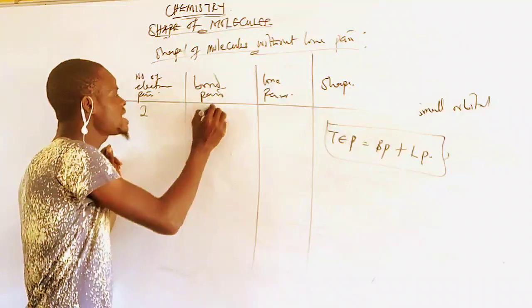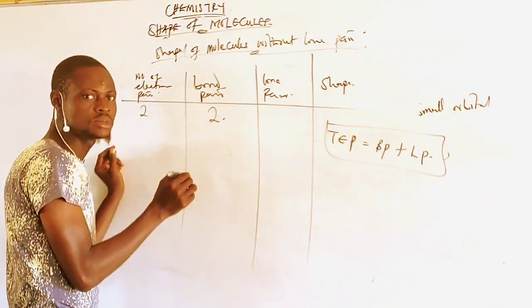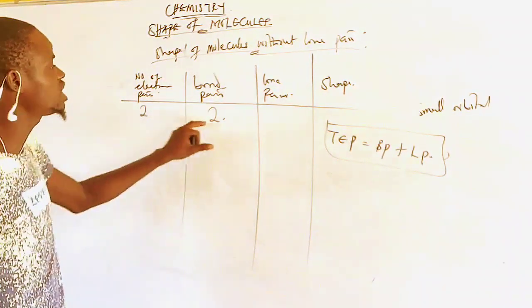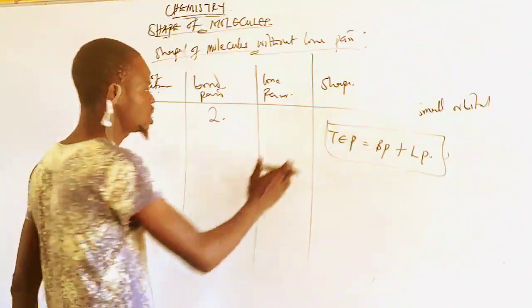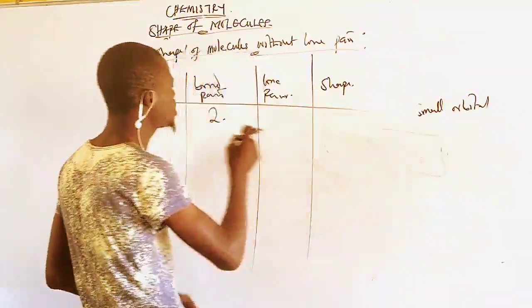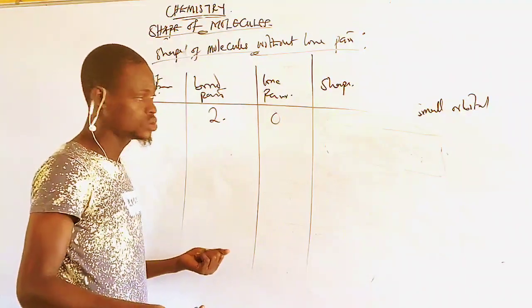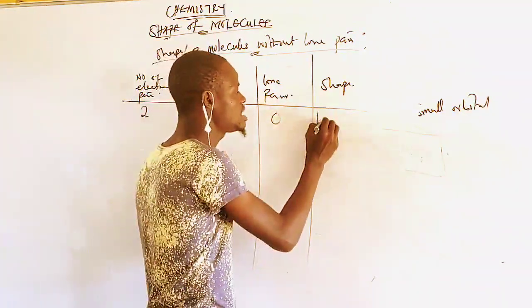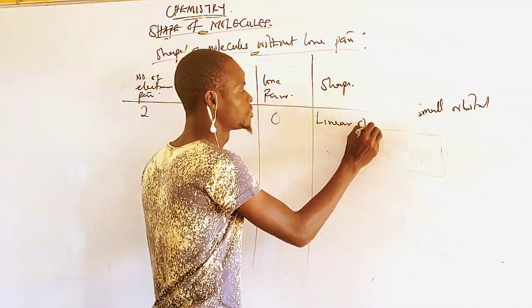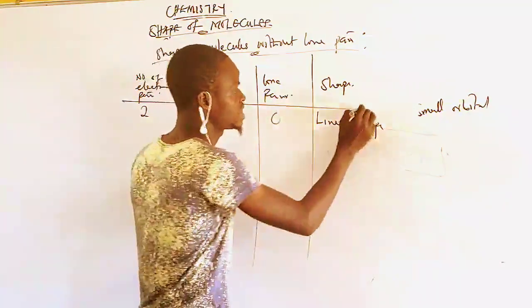The bonding pair here is 2. Are you getting me? If the number of electron pairs is 2 and the bonding pair is 2, it simply shows that the lone pair is equal to 0. There is no lone pair in it. Then that shape is going to be a linear shape.